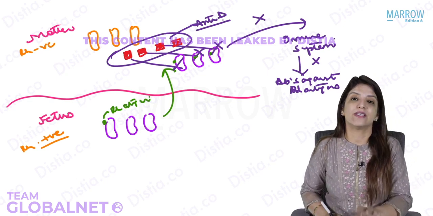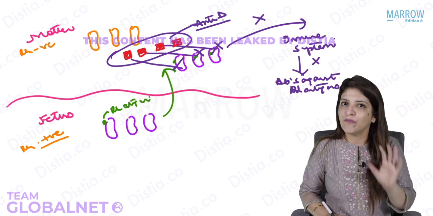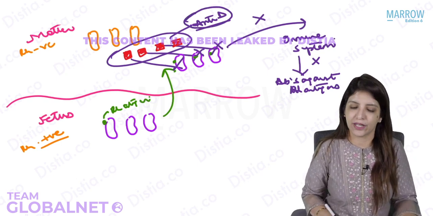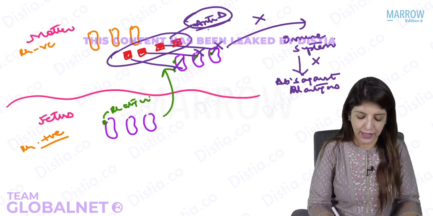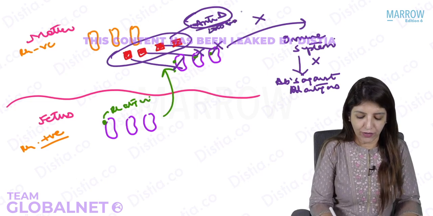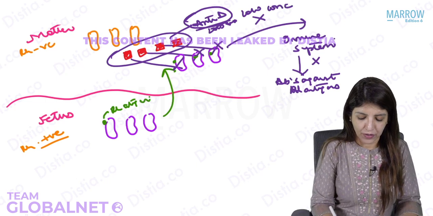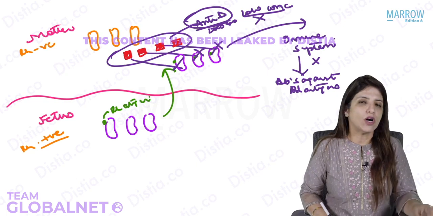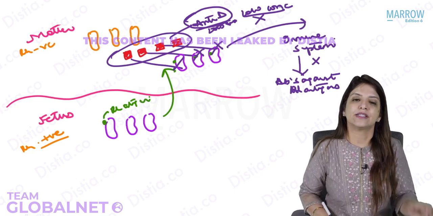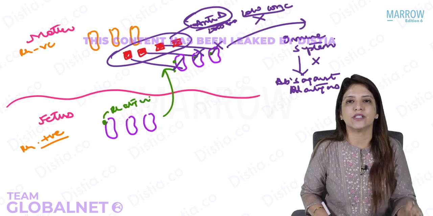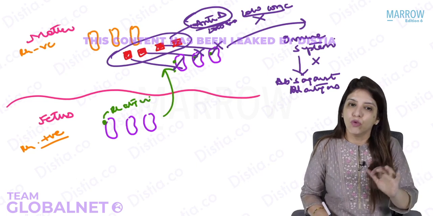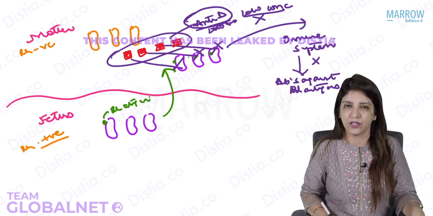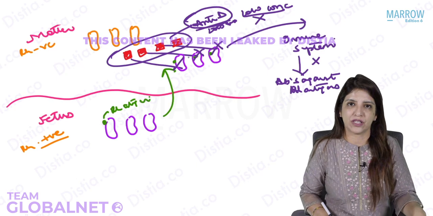So what I'm doing is I am bringing anti-D into the mother's circulation, in less volume. In very low concentration, I'm going to give anti-D to the mother. Because I give anti-D to the mother, this anti-D is already present in the mother's circulation. The moment fetal RBCs with Rh antigens enter the mother's blood, because this anti-D was present, what is this anti-D?